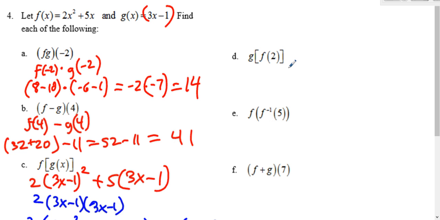G of f of 2 means plug 2 into f, get an answer, and plug it into g. So f of 2, plug in 2. 4 times 2 is 8. Then 5 times 2 is 10.